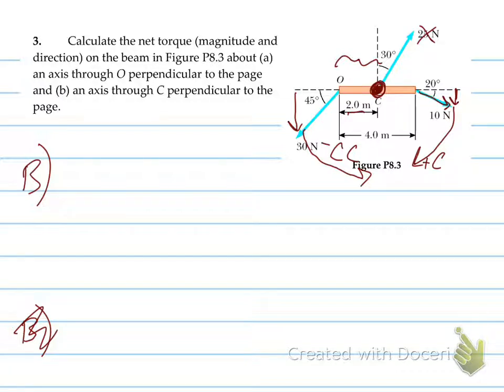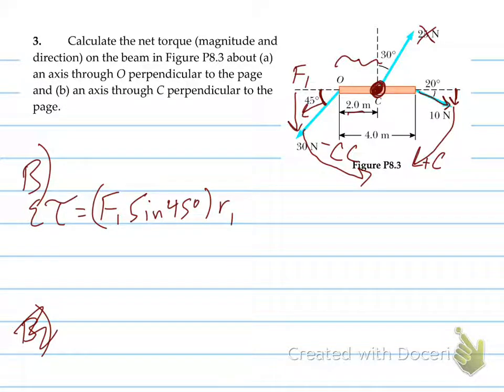So we're going to say that that's negative. Our sum of torques, if this is F1, is F1, and here's our 45 degrees. The force that we're looking for that's perpendicular to the beam is across from that, so that is sine 45 degrees, times its distance of R1.